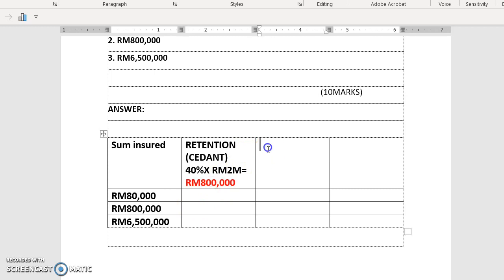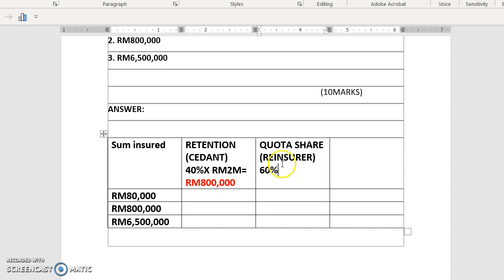Next, you have to write the amount that should be paid by the reinsurance company based on the quota share. The percentage that should be paid by the reinsurer is 60% based on the question.